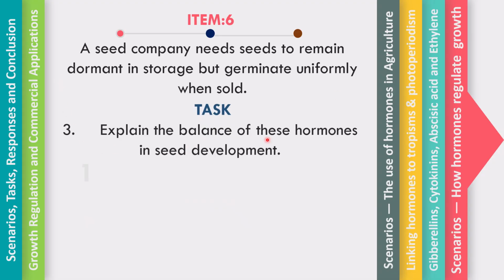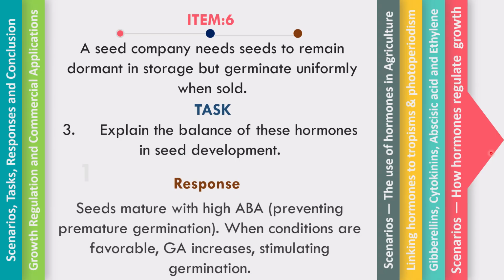Explain the balance of these hormones in seed development. Seeds mature with a high abscisic acid level, preventing premature germination. When conditions are favorable, gibberellic acid increases, stimulating germination.